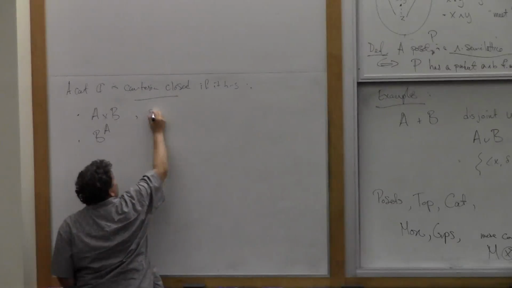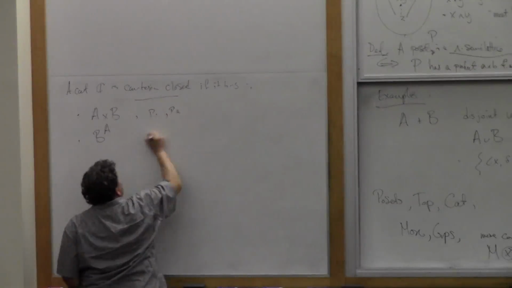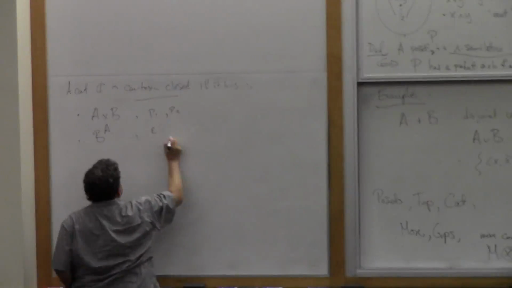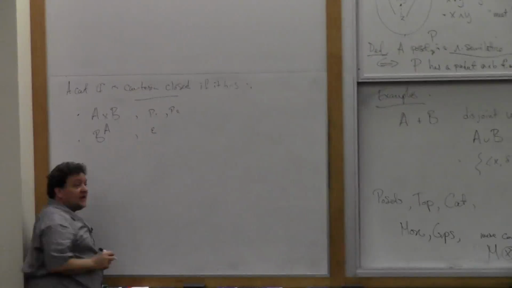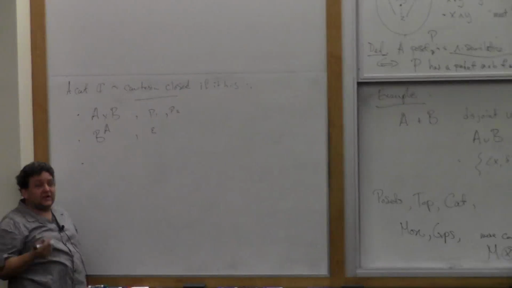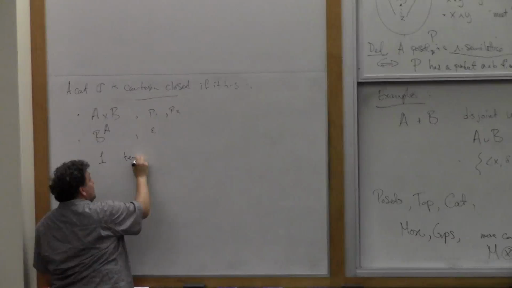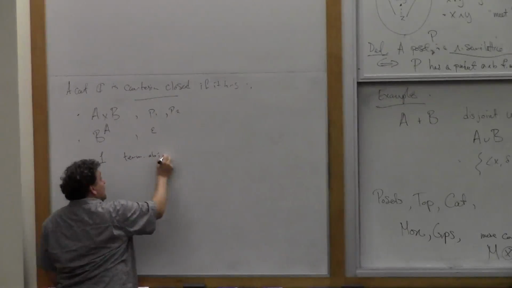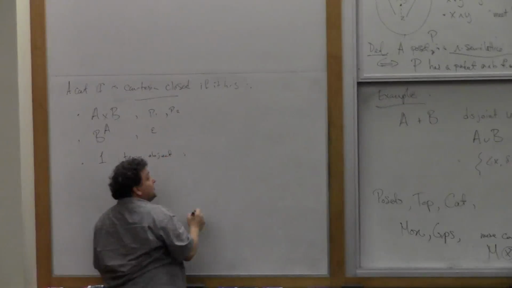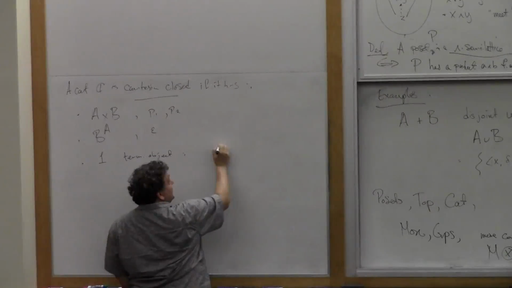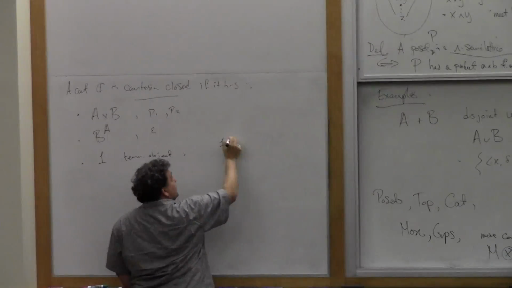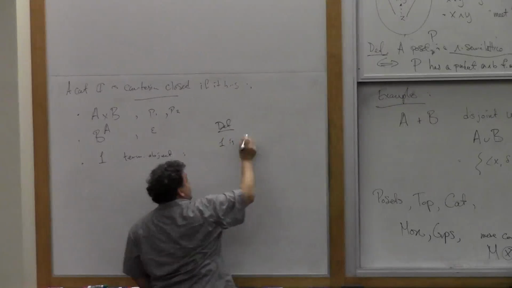Of course, what I mean here is together with the rest of the structure. And then it has what's called a terminal object, which is a particularly trivial universal mapping property. So what's a terminal object? A terminal object, by definition, is this. Say 1. So here's the definition.